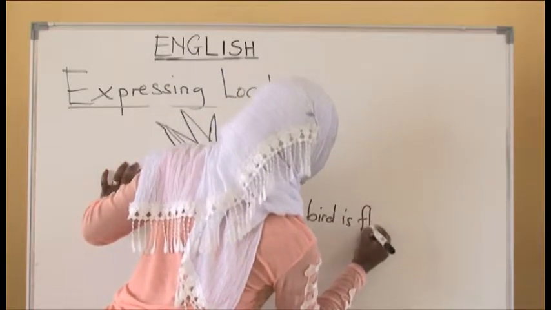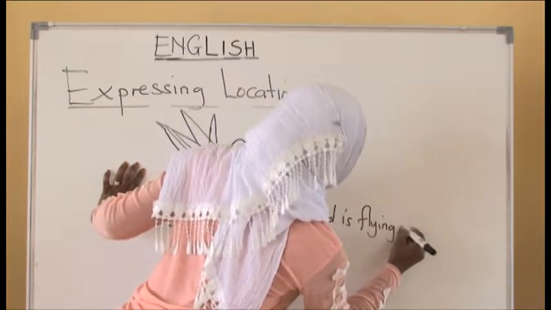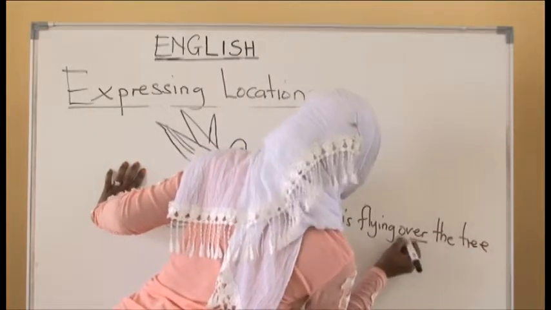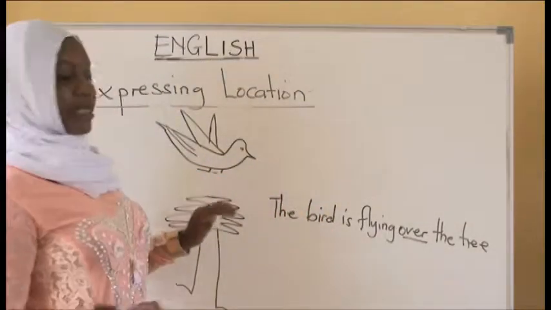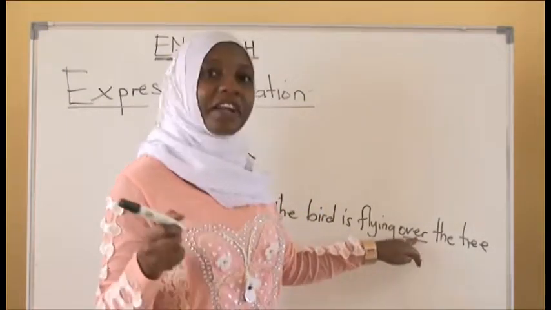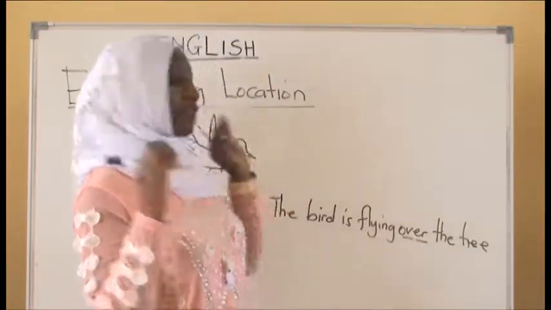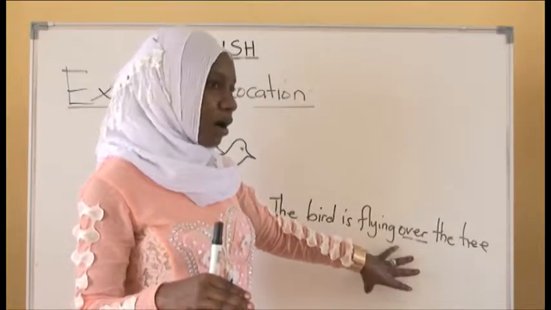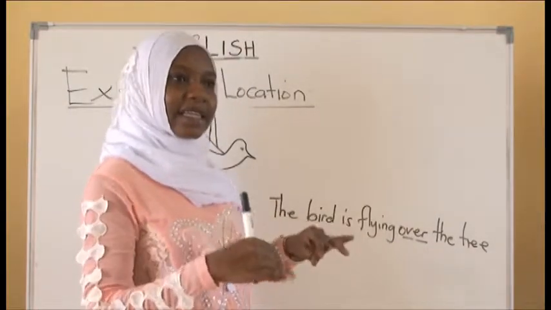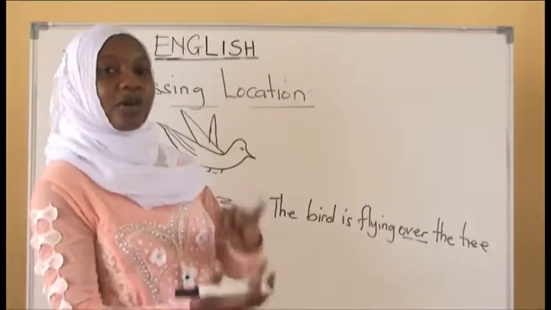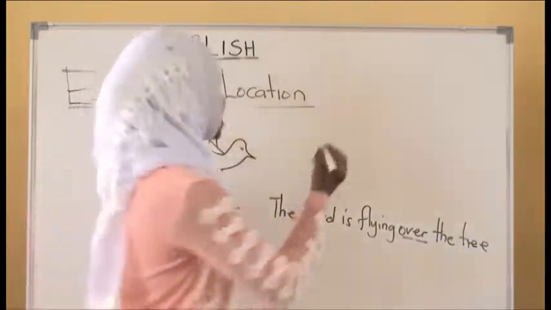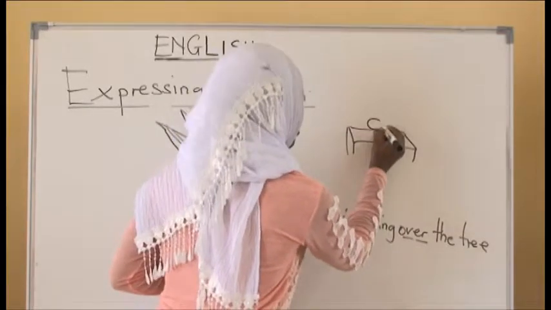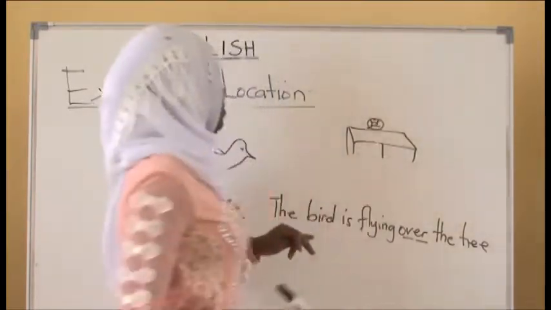The bird is flying over the tree. There is quite a difference of the word over and on, because anything that is flying, it is flying over. But when talking about on you use it when that thing is directly touching the thing that you are talking about. For example, the example that I gave you of the table here, and here we put a ball.